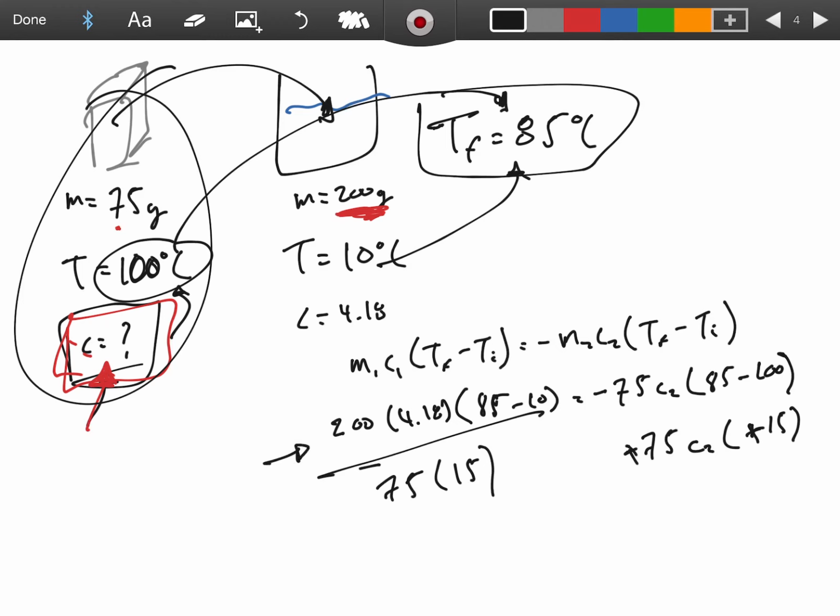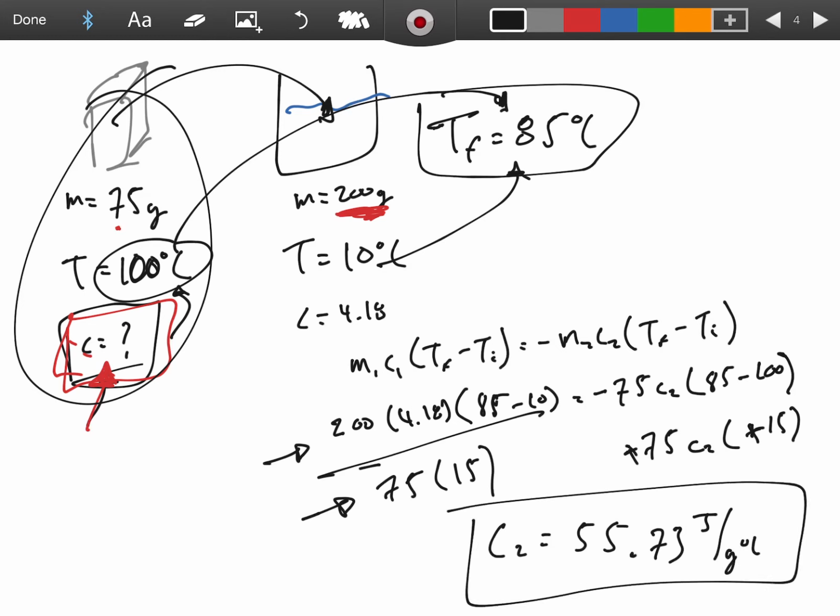So you're going to take this quantity, calculate it, divide it by this thing, and you're going to find that C2 is 55.73 joules per gram degree Celsius. Or in other words, whatever this mystery substance is, it takes 55.7 joules of energy to take 1 gram of it and increase its temperature by 1 degree Celsius.